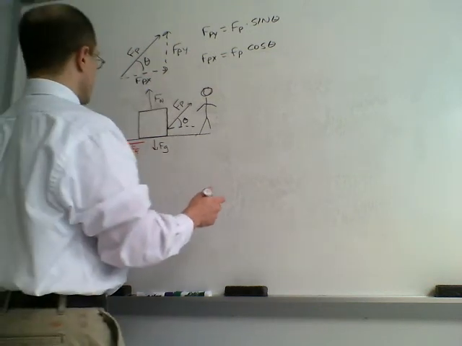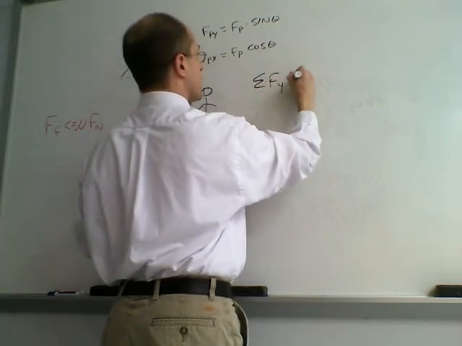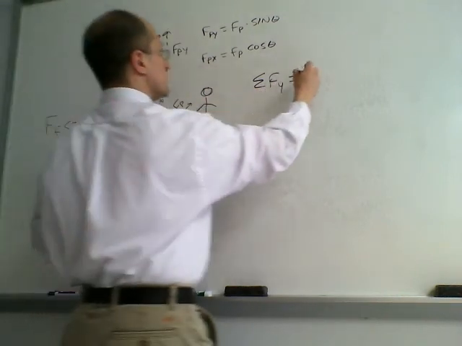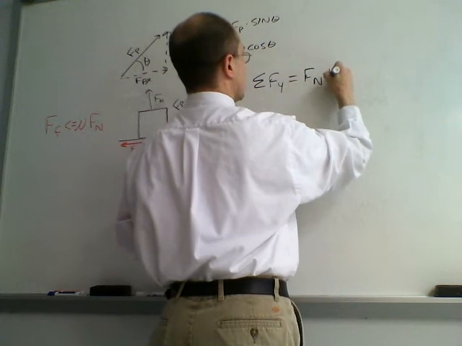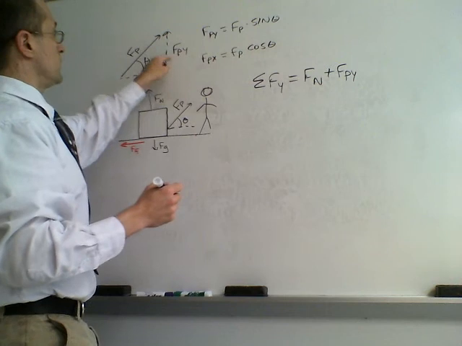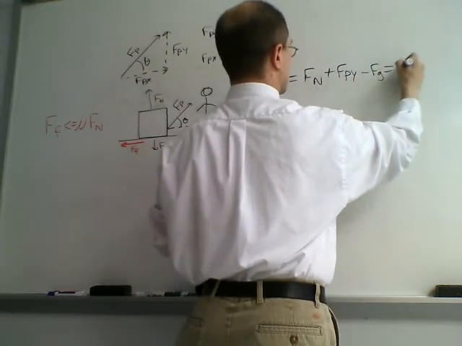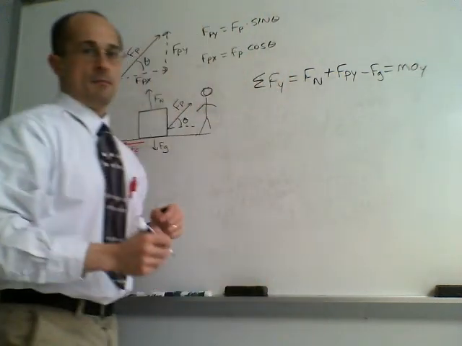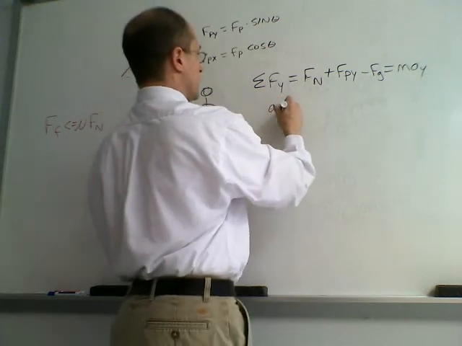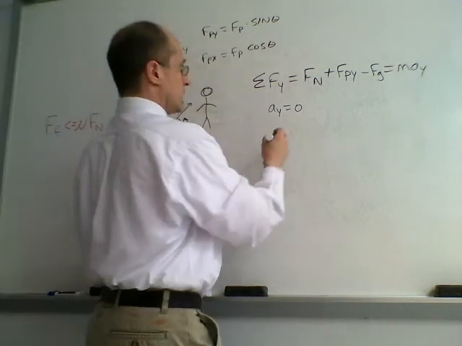So let's look at the sum of the forces in the y. We have the normal force, we have the force of our pull in the y, which is up, since part of our force of the pull is pointing up, and then we have gravity always working, and that's equal to may. But as we've always been stating in these types of problems, ay is equal to 0, we're in equilibrium.